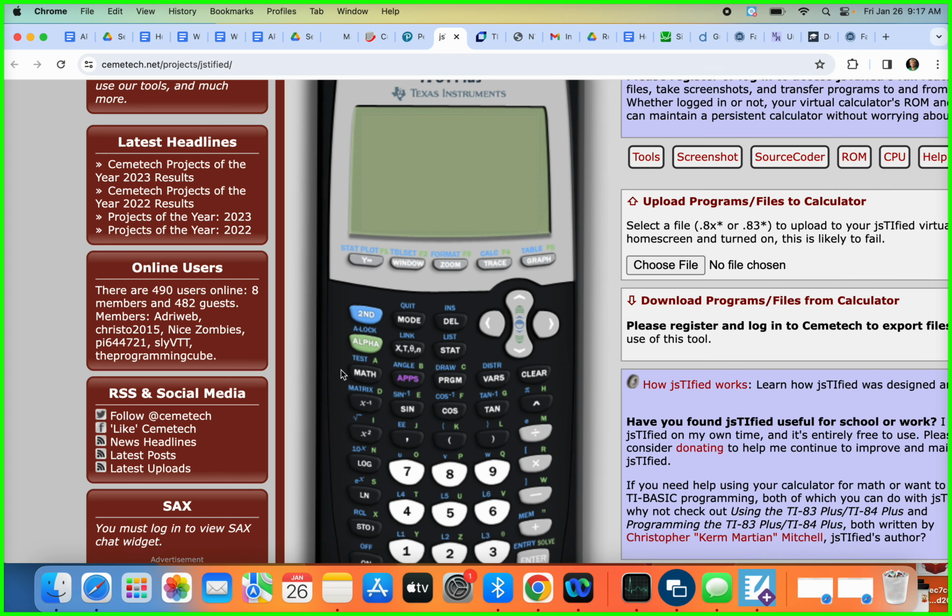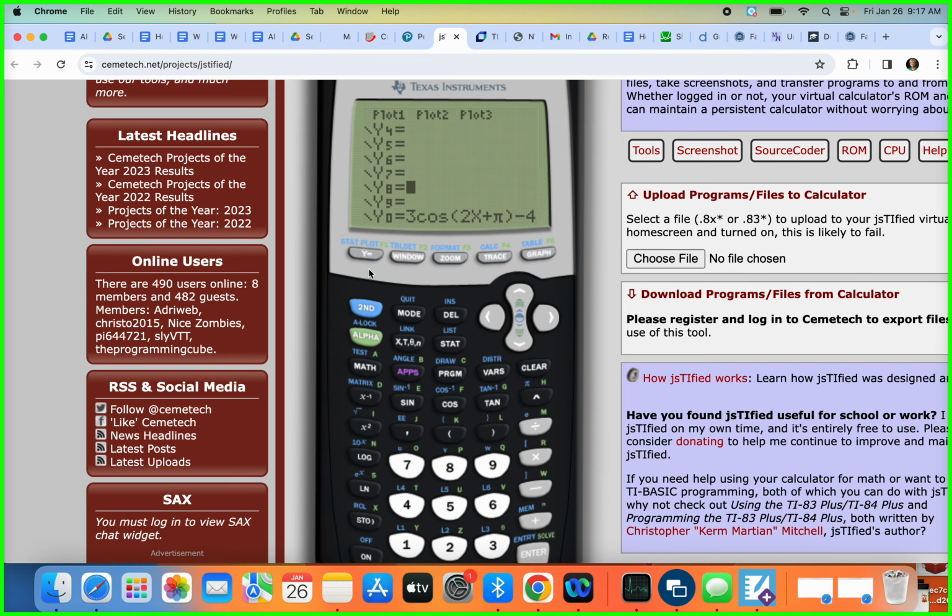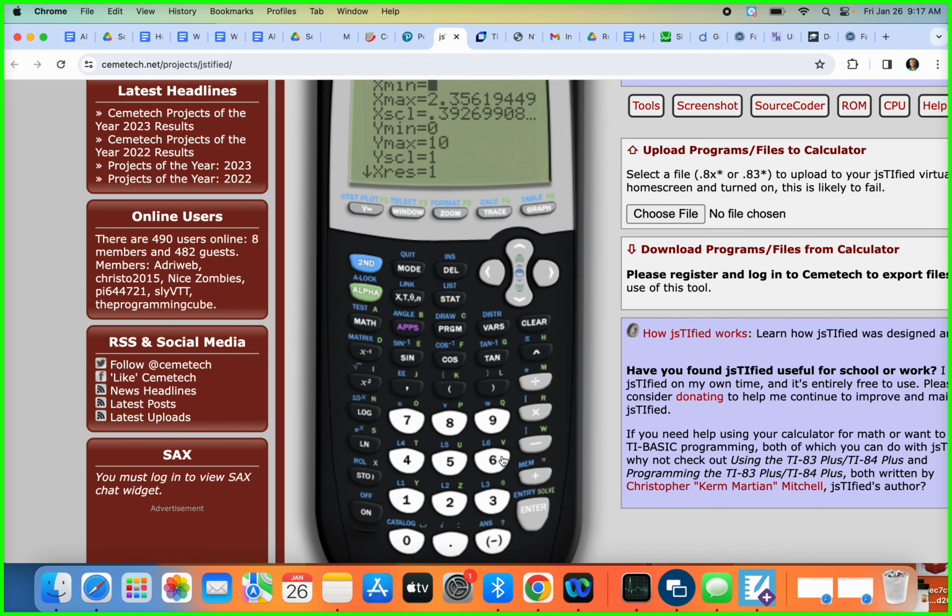So for just our interest sake right now, I'm going to make my window what we just did. We went from negative pi over 2 to pi over 2. We counted by pi over 4s. And my graph was down below, so I'm going to go from like negative 10 to 0.